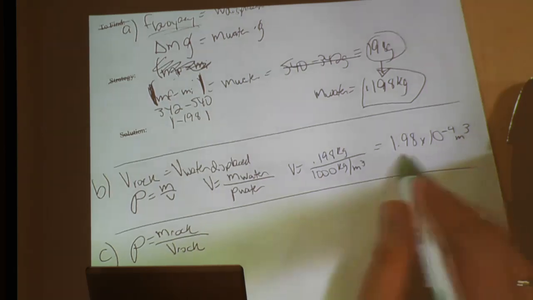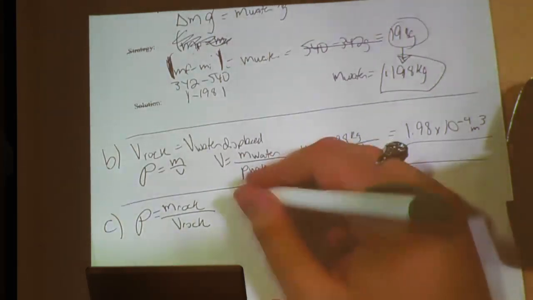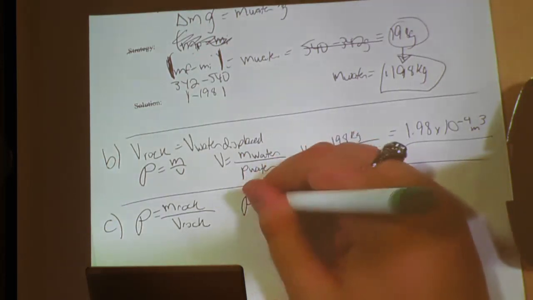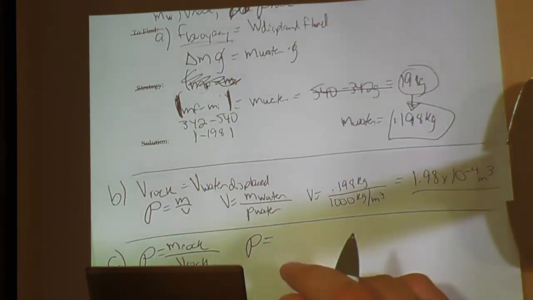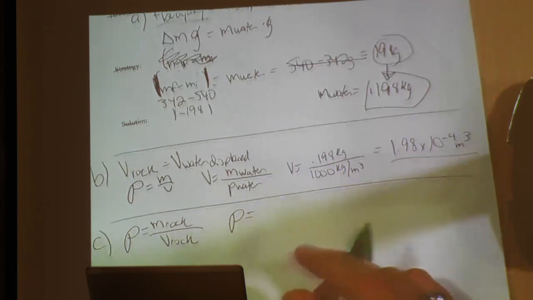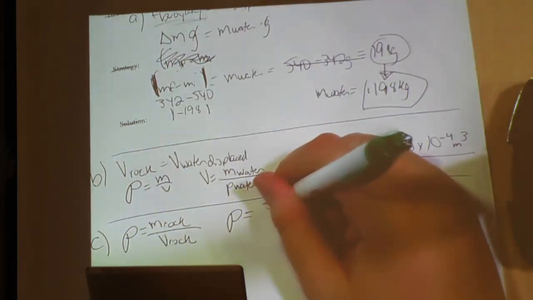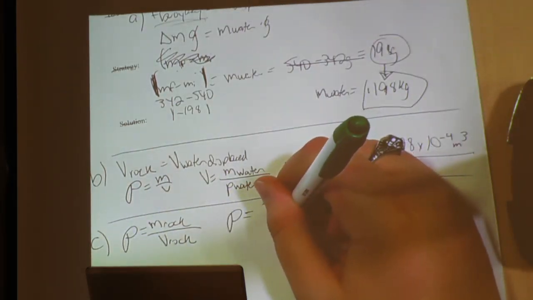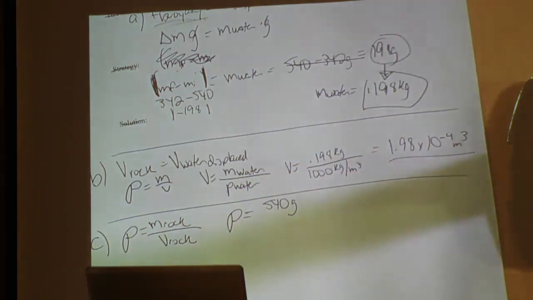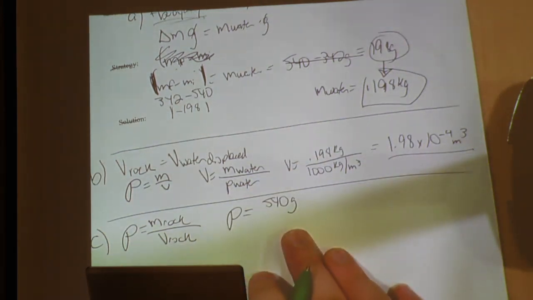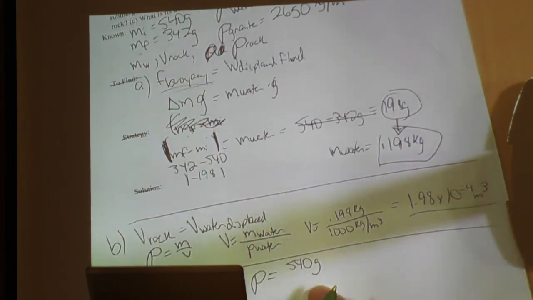And we just found the volume of the rock up here. So we can just do p of the rock is equal to the mass of the rock, which was our 540 grams, is what we're going to use here.